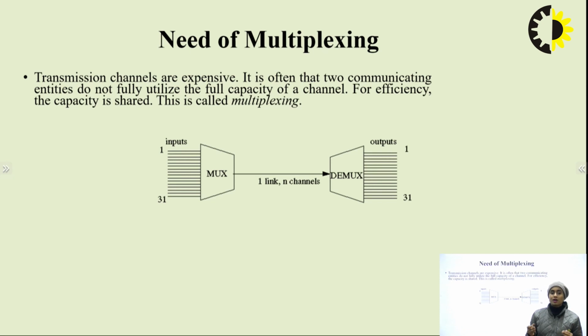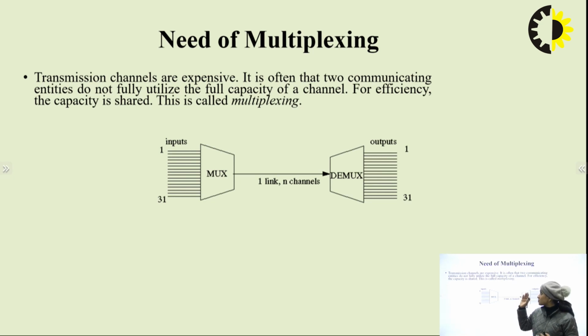A good communication system will always require less transmission power and will always utilize the available bandwidth in its most efficient manner. So if we talk about the most efficient utilization of bandwidth, then multiplexing is the technique that solves the purpose. So that is the need of multiplexing.